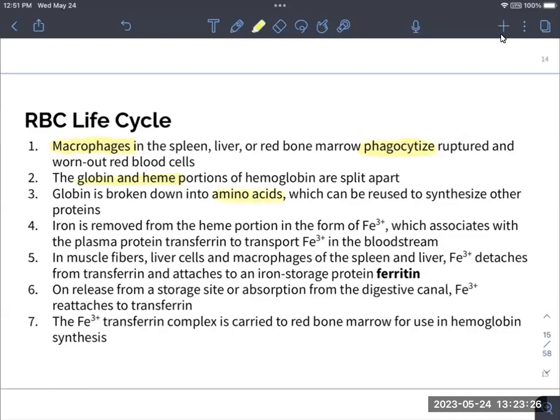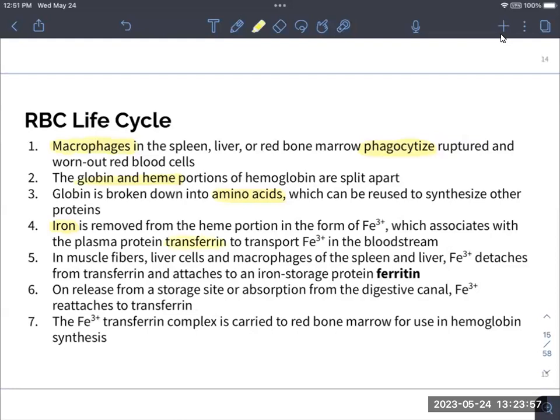We use those amino acids to make different proteins, or we could even put them back together to make the same protein. We need to do something with that iron, because each hemoglobin had 4 irons attached to it. So we have to take that iron off of that hemoglobin. We put that iron onto a protein called transferrin.